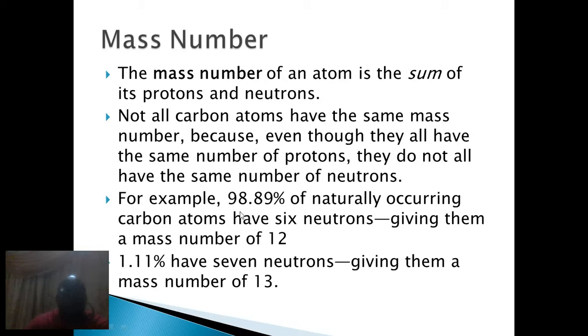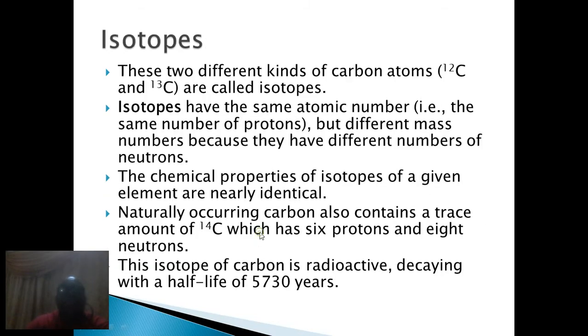For example, 98.89% of naturally occurring carbon atoms have 6 neutrons, giving them a mass number of 12. That is, they have 6 neutrons and 6 protons, making 12. However, 1.11% have 7 neutrons, giving them a mass number of 13.